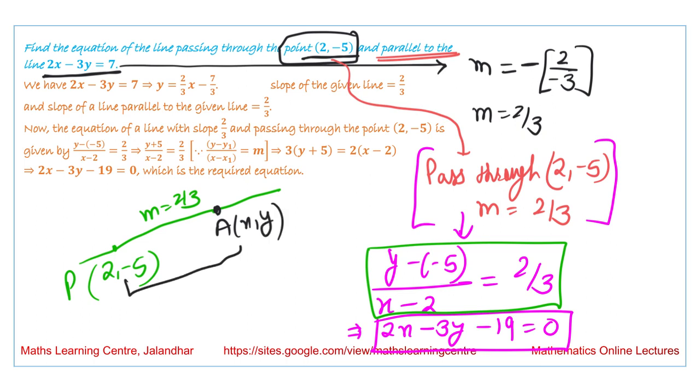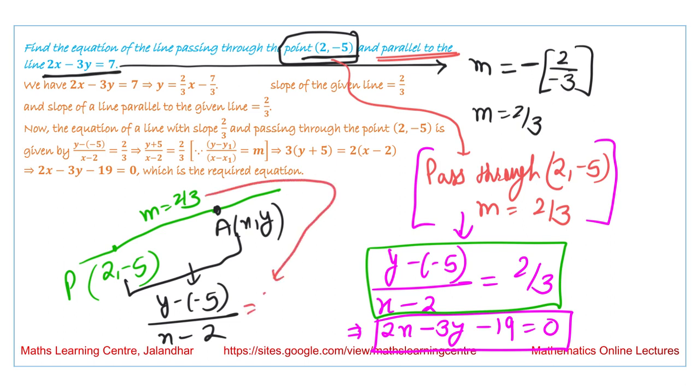So from these two we obtain that the slope of this line is y minus minus 5 divided by x minus 2, and this slope is given to be equal to 2 by 3. On solving this we obtain the equation of the line in the form 2x minus 3y minus 19 is equal to 0. So this is the equation of this line.